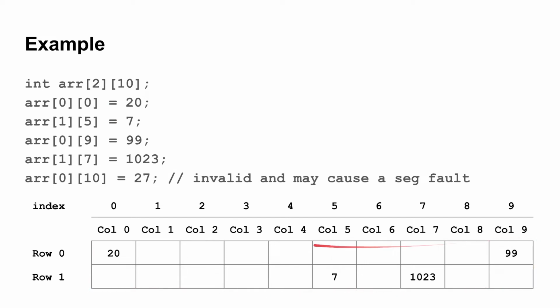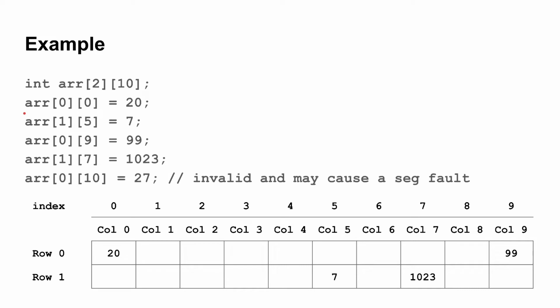It is a giant block that has 10 spaces for our first row and 10 spaces for our second row, because we have 2 rows and 10 columns, 1, 2, all the way up to 10 columns. Note the indices of those rows and columns start at 0, so they go up to the size of either n or m minus 1.